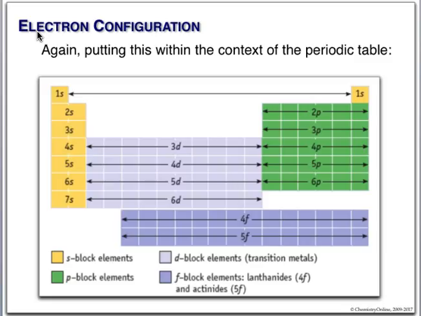Any questions? It's a funny sounding concept, but it's not really difficult. Just look at your period numbers as you go down. That will give you a quantum level. Remember, the S's are over here, and this is called our P block. Any questions?